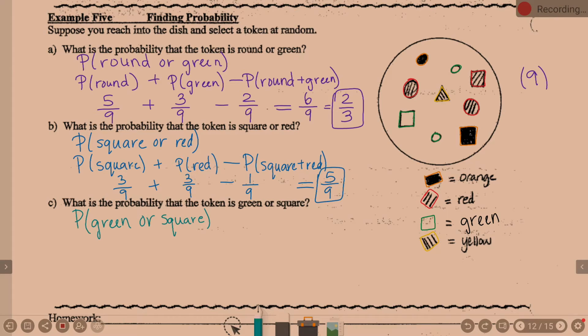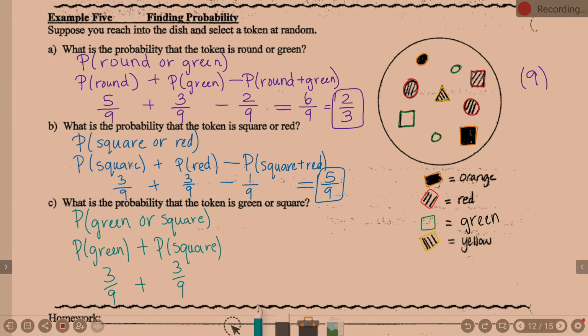What's the probability of green? 3/9. If I cheat off of myself, I had 3/9 up top, didn't I? Or says I'm going to add. What's the probability of drawing a square? 3/9. Square, 3/9.